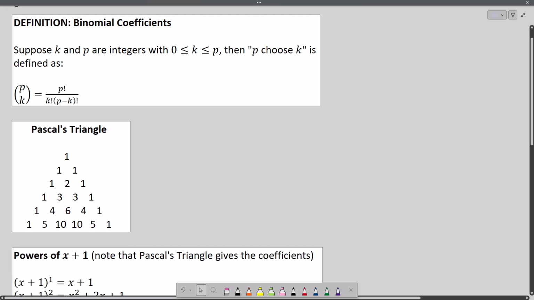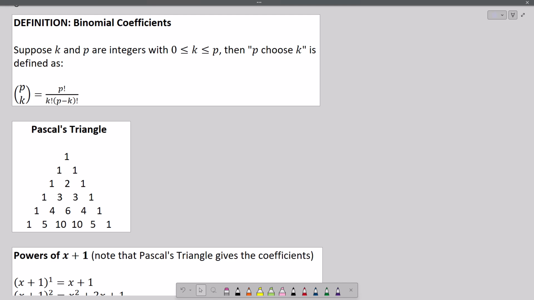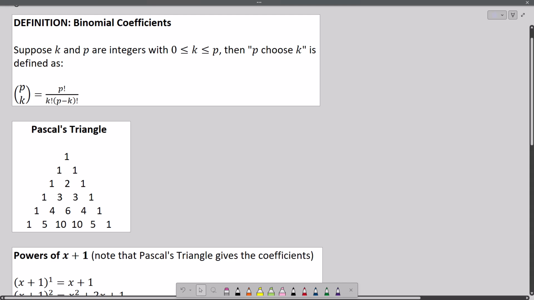So the definition of P choose K: you take the upper number, put it in the numerator, and put a factorial. Lower number, you put it in the denominator and put a factorial, but then you modify the denominator with the difference, also with a factorial. Now, as far as we have ever seen, factorial can only be applied to a positive integer.